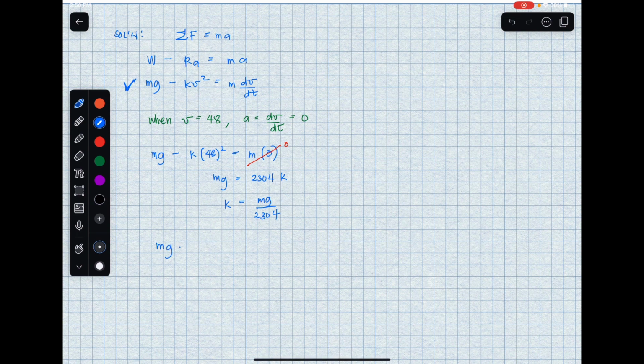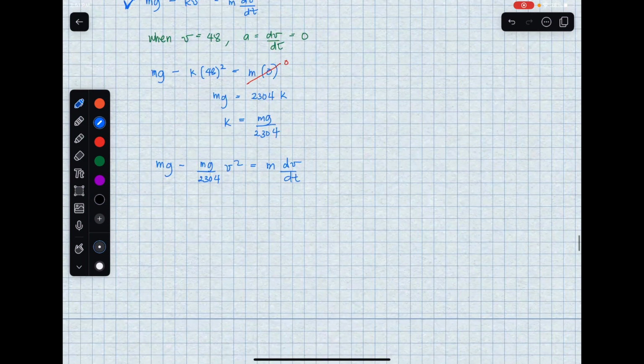Going back to the equation, I substitute k, which is mg over 2304, so mg minus mg v squared over 2304 equals m dv over dt. Since m is common to all terms, we cancel it out.